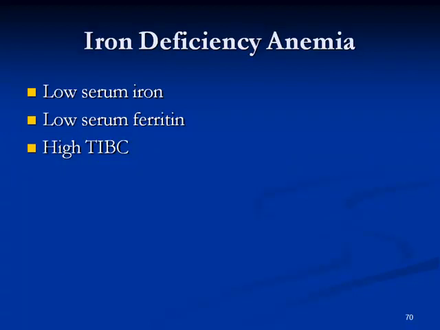So with iron deficiency anemia, commonly what we see is a low serum iron level, we can measure that, a low serum ferritin, which is that storage form, and then an elevated TIBC. So again, various conditions will cause various combinations of these diagnostic tests. So as we put them together, we can see what is most likely the case in this patient's scenario.